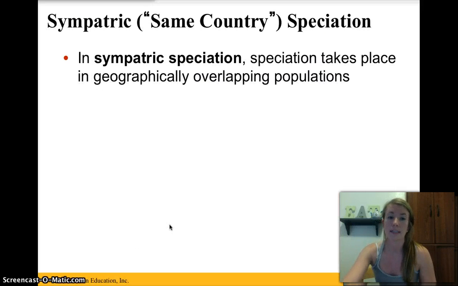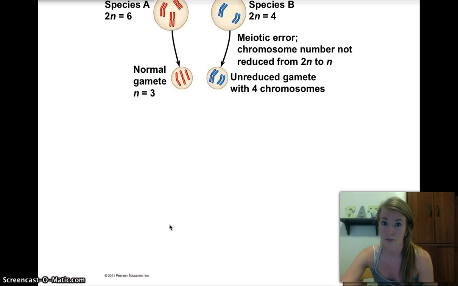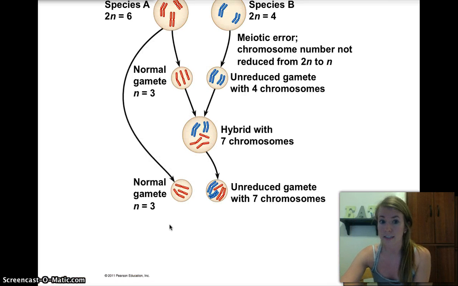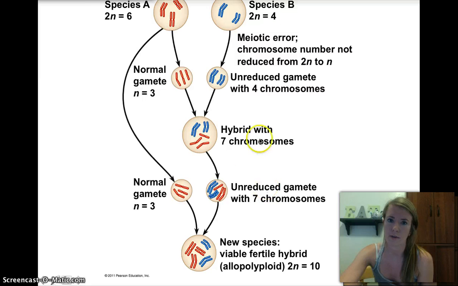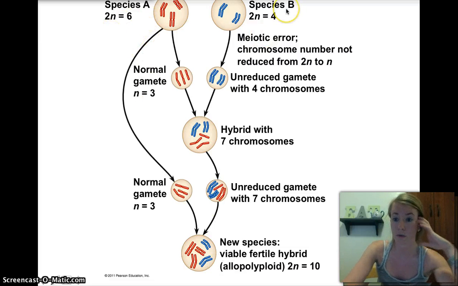Okay, sympatric speciation. New speciation while they're living together. This happens a lot in plants because plants can have a crazy number of chromosomes and still be fine. And so if you have a meiotic error, suddenly you have a plant whose 2N number is 10 that came from a plant that was 2N6 and 2N4, and now you have a new species.